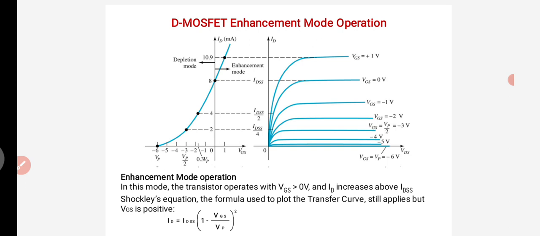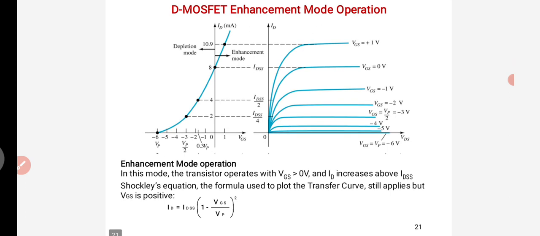When VGS is greater than 0, the drain current will increase above the IDSS value. According to Shockley's equation, again we can plot the transfer curve, ID equals IDSS into (1 minus VGS by VP) whole squared.